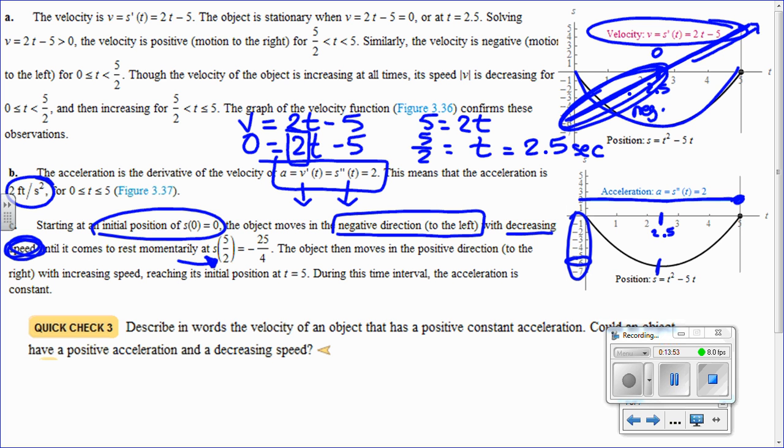Okay. So remember how we first started saying that if the position was negative, it was moving to the left, correct? So it was moving further and further to the left, and then even though it's still below the x-axis, here it's moving to the right, just because it's going up again.